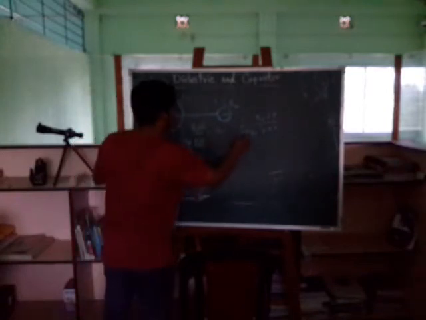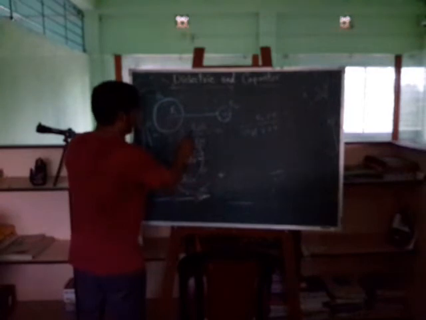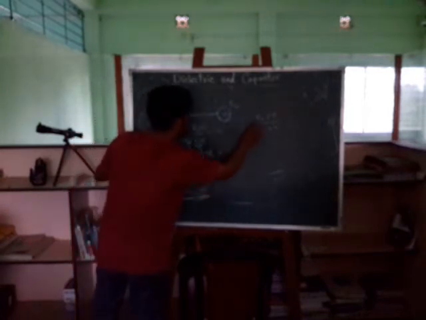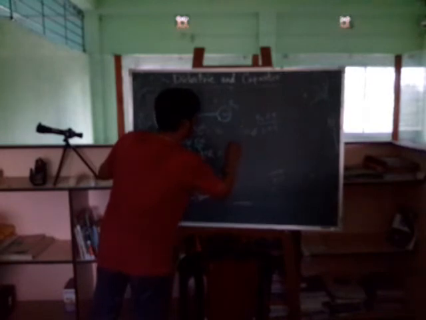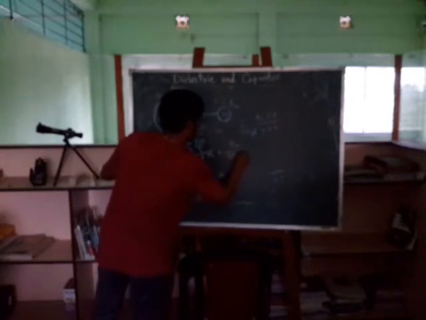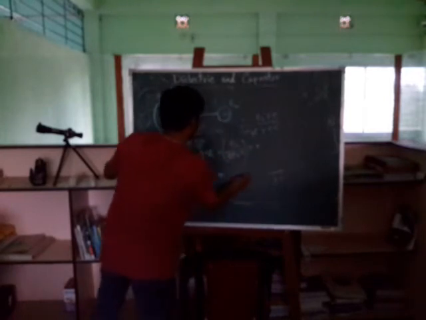You can cancel this epsilon naught, no problem. So Q1 by 4 pi R square times R is equal to Q2 by 4 pi r square times small r, right?